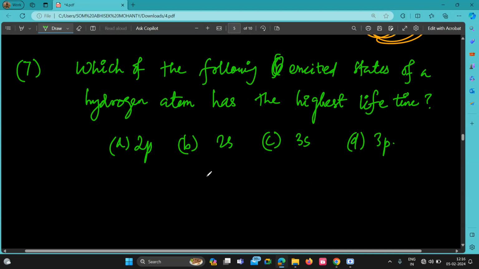Try this question. This is a kind of theoretical question, you need to know this. You can say 2p and 3p are called normal states.